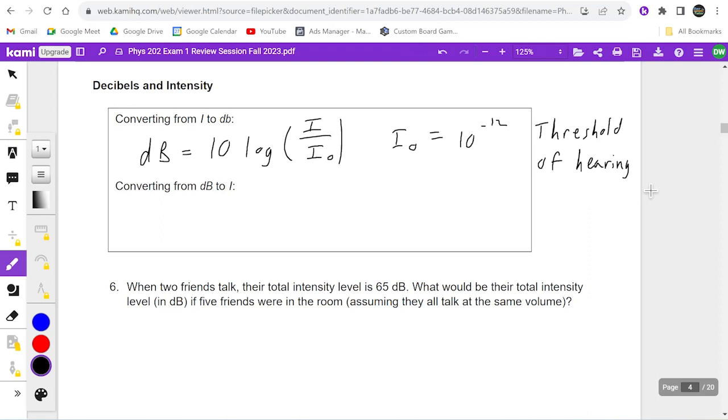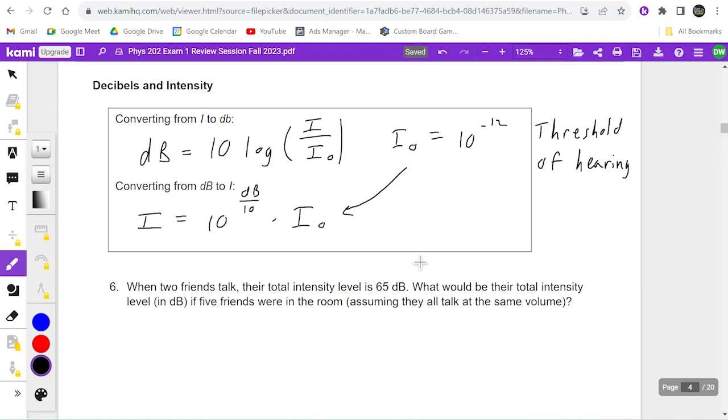Now we need to talk about what to do if I give you decibels and you have to convert back to the intensity. That equation looks like this. I, the intensity, is equal to 10 to the power of decibels divided by 10, times I naught. Or again, I naught is 10 to the minus 12th.